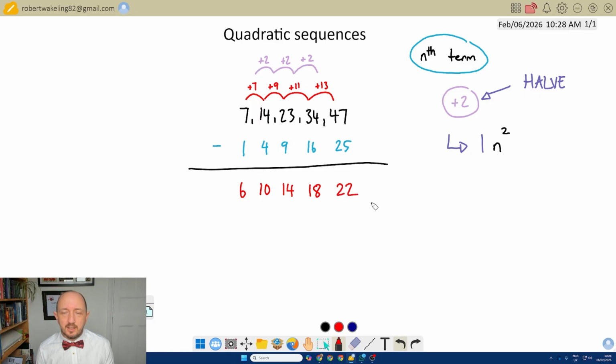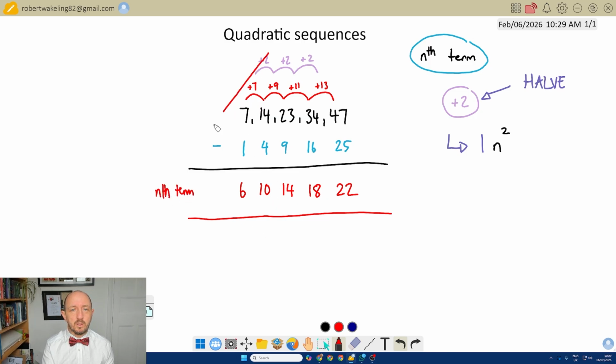So by subtracting that n squared, we're left with a new sequence, and we just start now doing nth term on this. Pretend that all of this is not there. All of that stuff that we just did was to find the n squared part and then to create this new sequence. So just pretend you're doing nth term on this now.